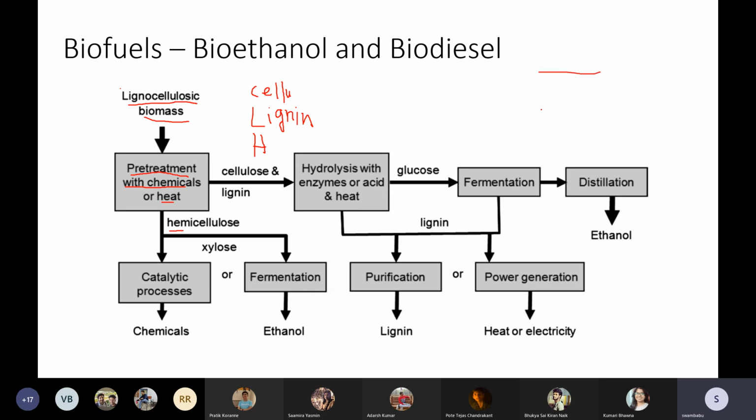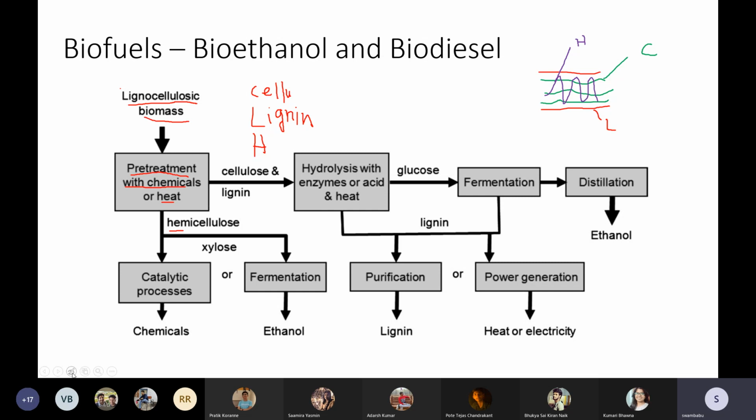These are the lignin flakes, and here we have the cellulose chains, the green color cellulose chains, and the hemicellulose is bonded like this. So this is hemicellulose, this is lignin, and this is cellulose.